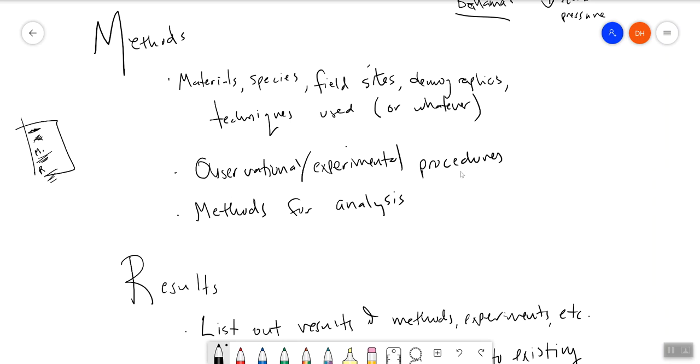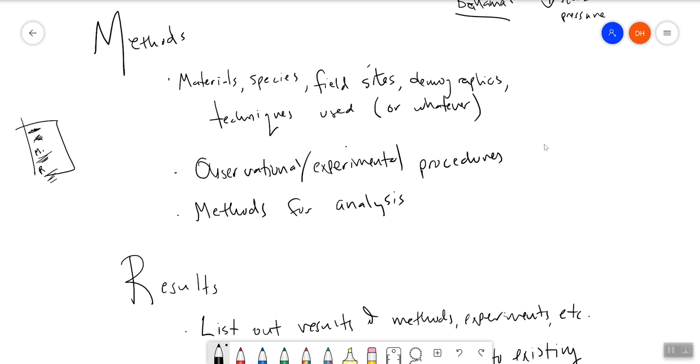Observational or experimental procedures. This is more important if you need to list it, okay? I'll talk more about this later because, like I said, I'm going to go through and do a talk on methods, on results, on the introduction, etc. I'll break them all down into detail, like what do these all mean.